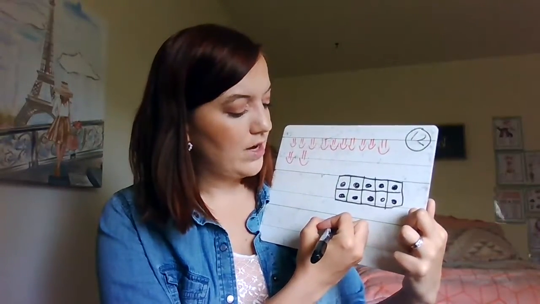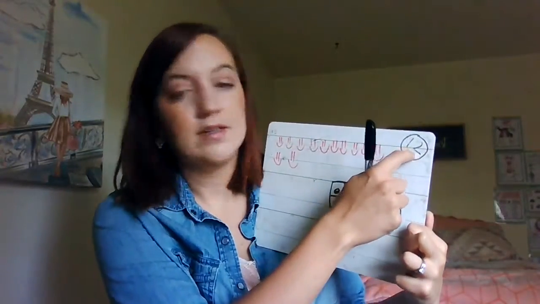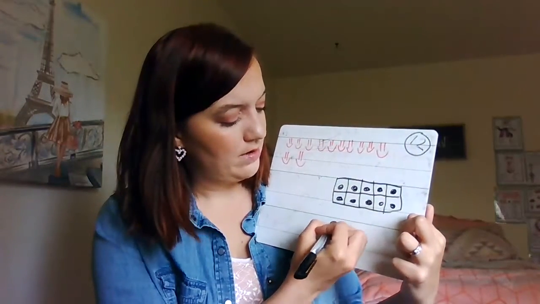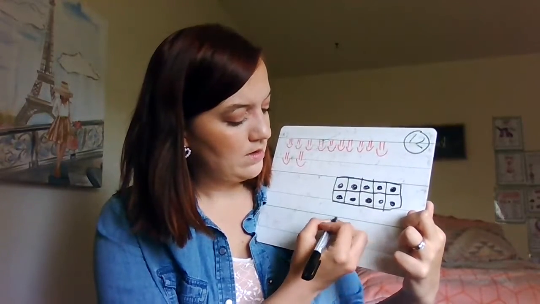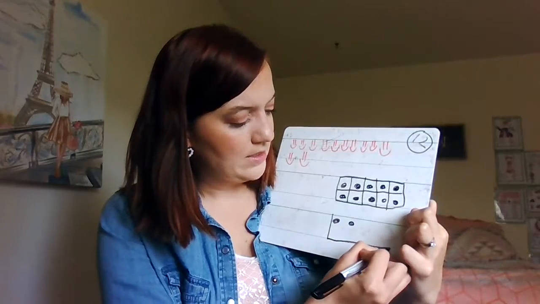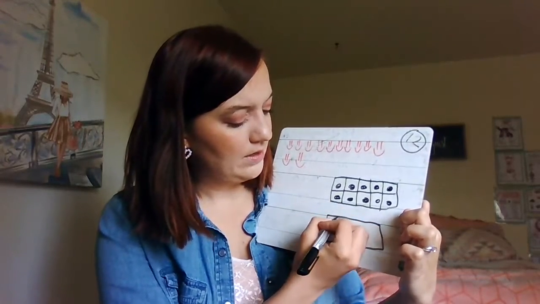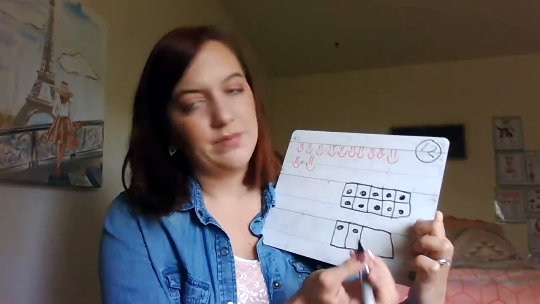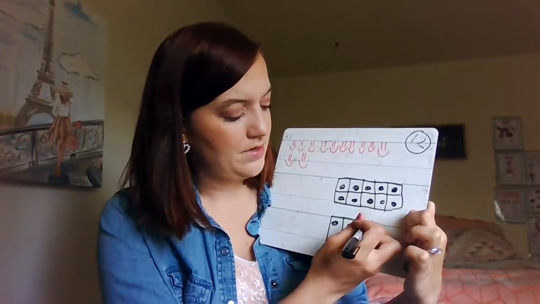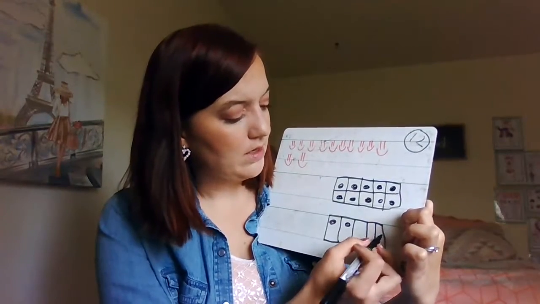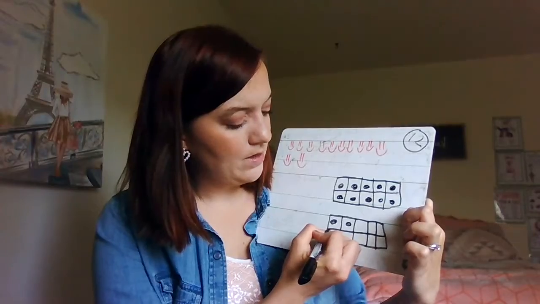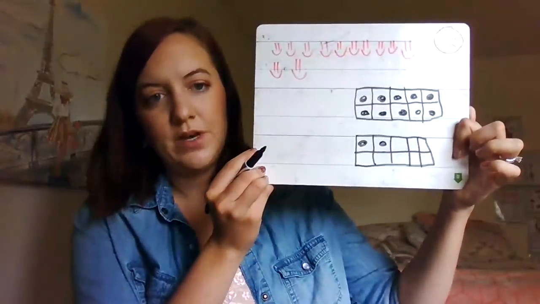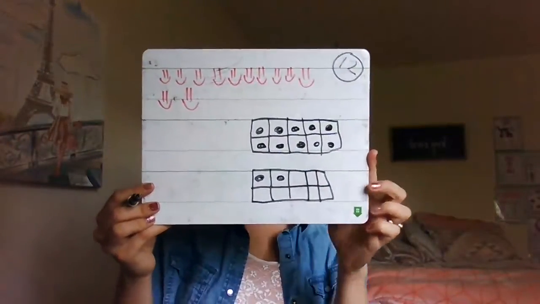And then we've got, so this is 10, and then I need 2 more. 1, 2. Then the hard thing with this is we still want it to be a 10 frame down here. So you just have to make sure that you have some empty blocks too. And there you go. There you have it.